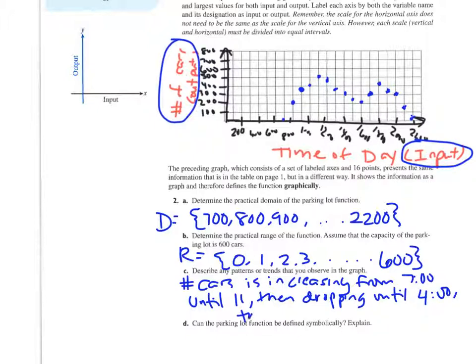And then it grows again. Then it increases again until about 6. So we've got these little peaks, right here and right here. It increases and goes back down, and increases again and goes back down.